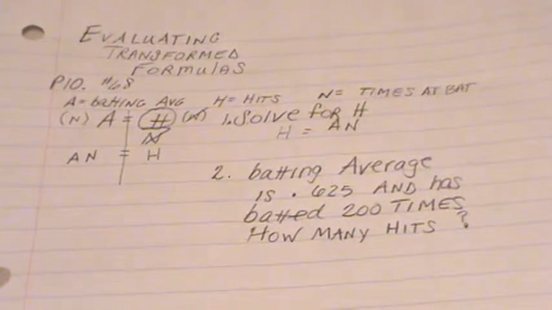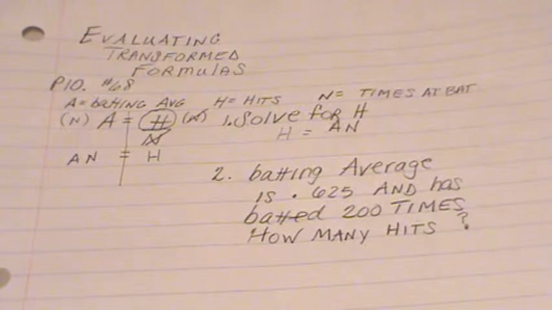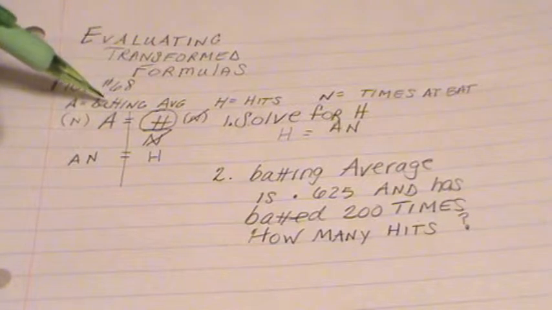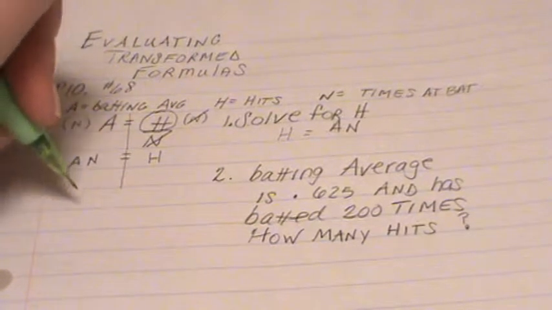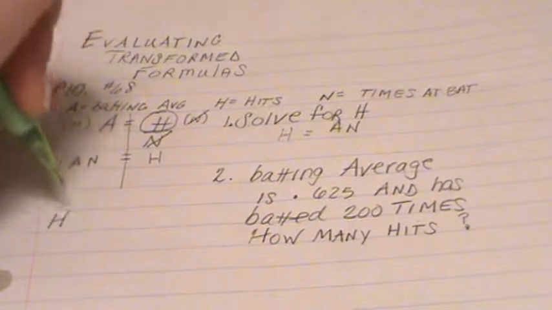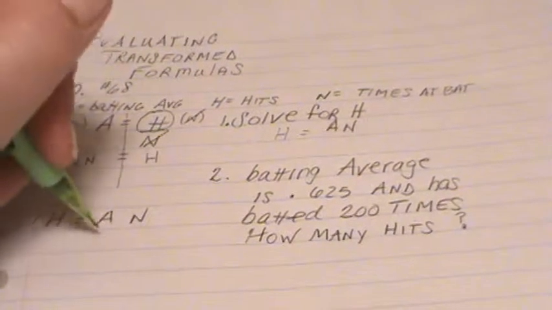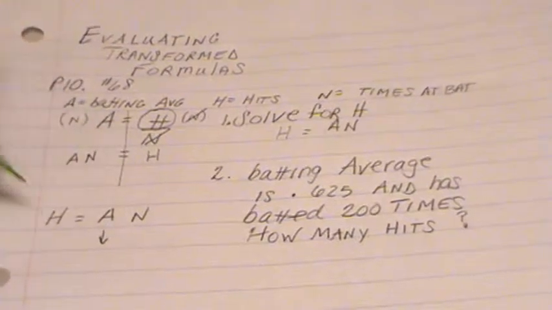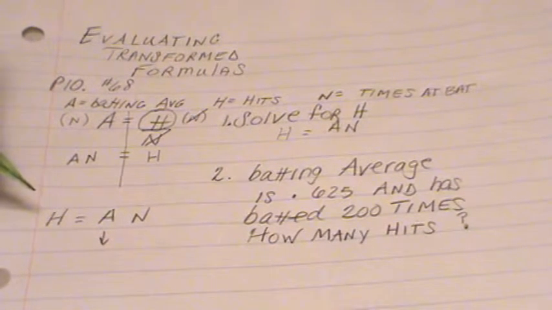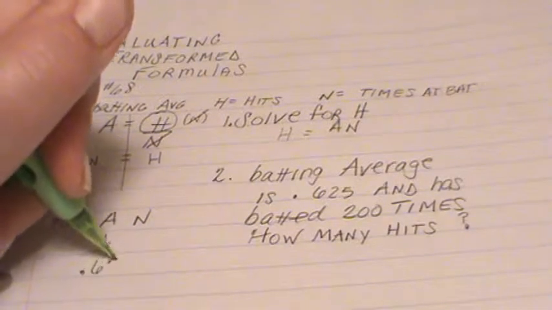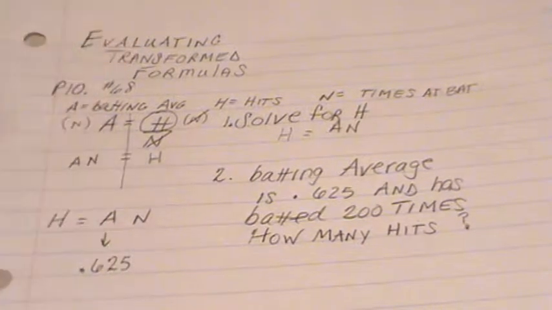We know his average is .625 and A stands for his batting average. So in our new formula, H equals A times N, we're going to substitute in for the letter A his batting average, which was .625.